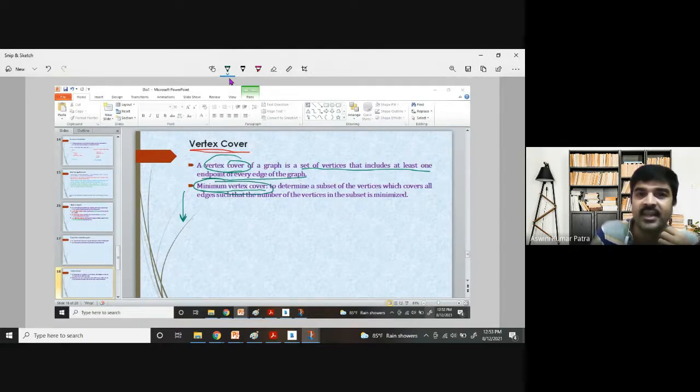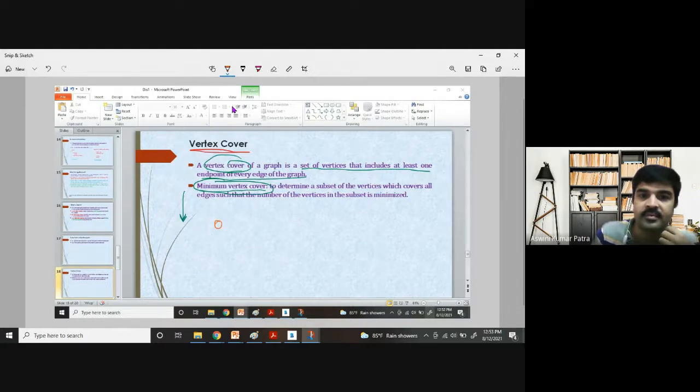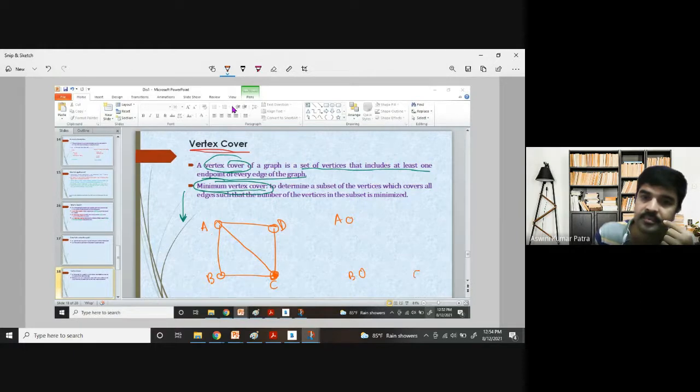So given a graph like this, suppose this is the graph, A, B, C, D. What is a vertex cover?